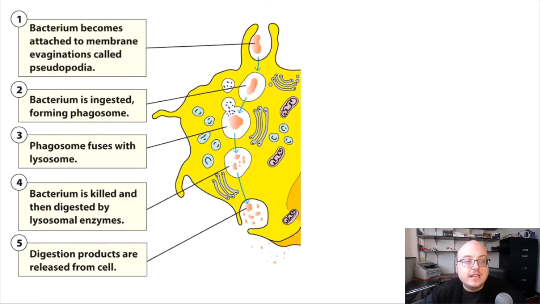We can look at this in slightly more detail in this figure. So we can see in this example a bacterium attached to the surface of a phagocyte at these elongations of the membrane that we call pseudopodia. These pseudopodia invaginate and sort of pinch off, and that pinching off process is what leads to the formation of the phagosome, this membrane-bound vesicle.